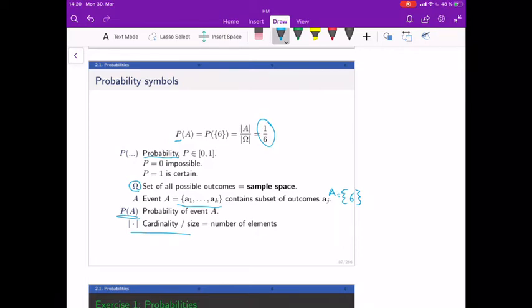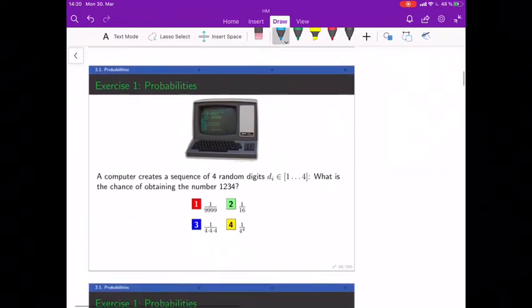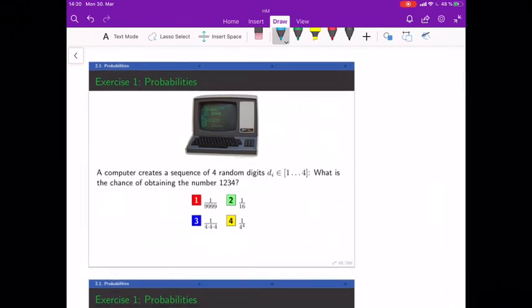Let's look at some exercises. We've got this old-fashioned computer, and it produces 4 random digits between 1 and 4. What are the chances of obtaining the sequence 1, 2, 3, 4?